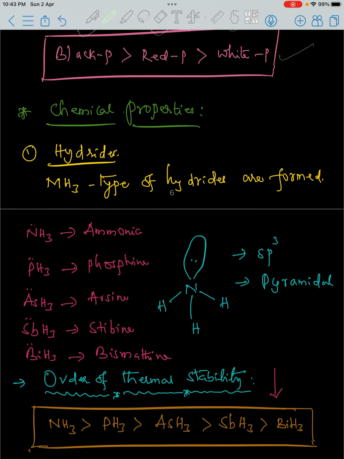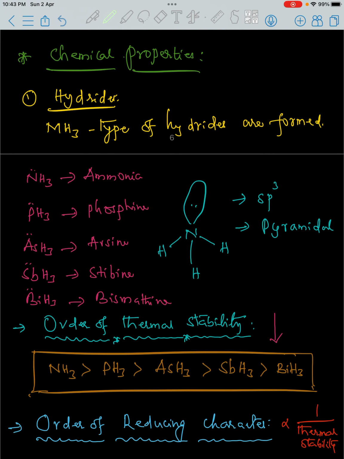Now let us see the chemical properties. Phosphorus is a reactive element, and it can react with hydrogen, oxygen, halogens and different types of compounds, giving different molecules. When phosphorus reacts with hydrogen, it forms hydrides.